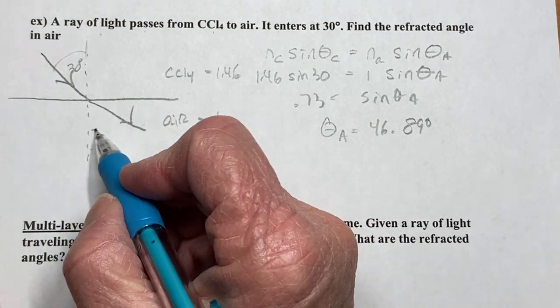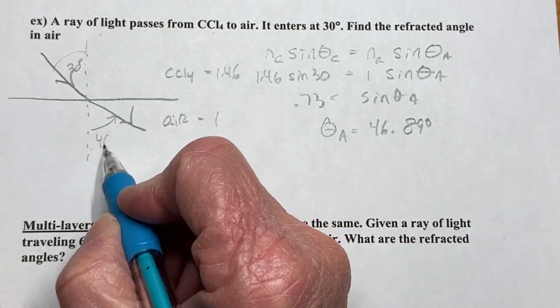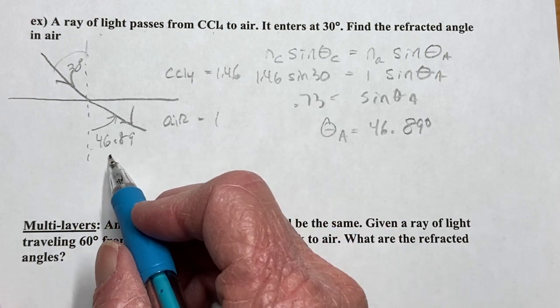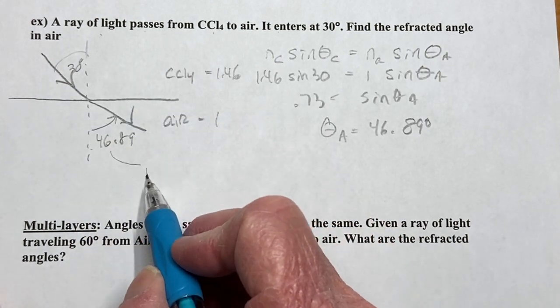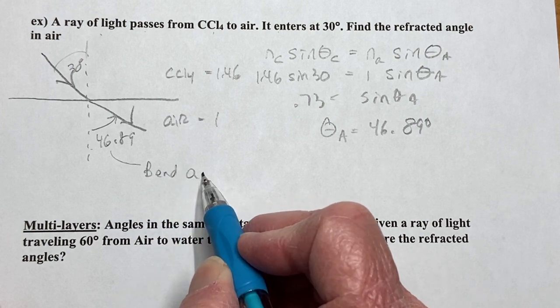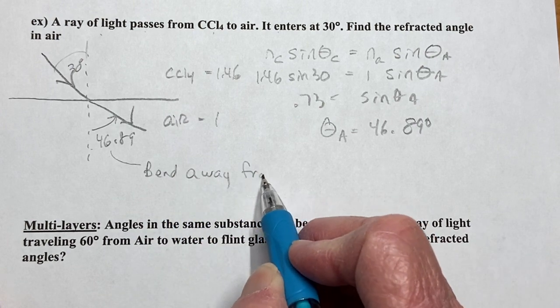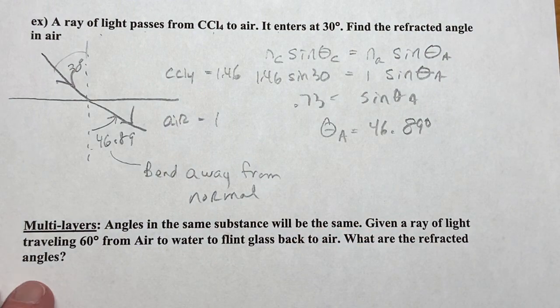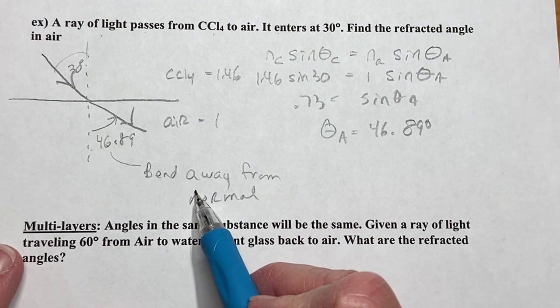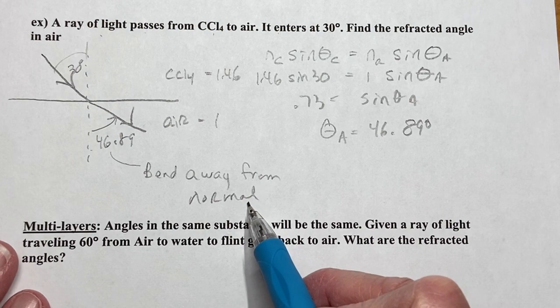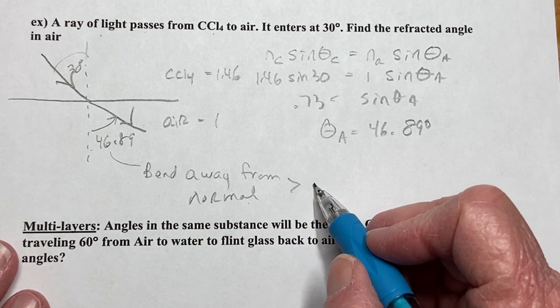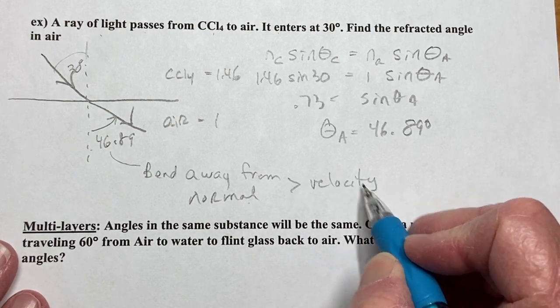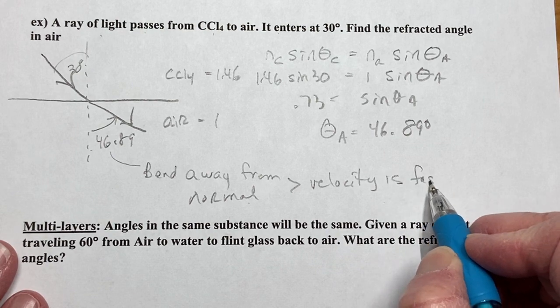Okay, so this is 46.89. By being bigger, we call this bend away from the normal. The other thing that happens is when you have a larger angle and you bend away from the normal, the velocity of the wave is faster.